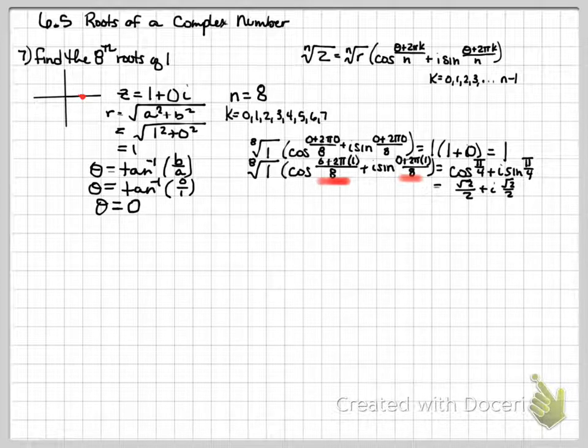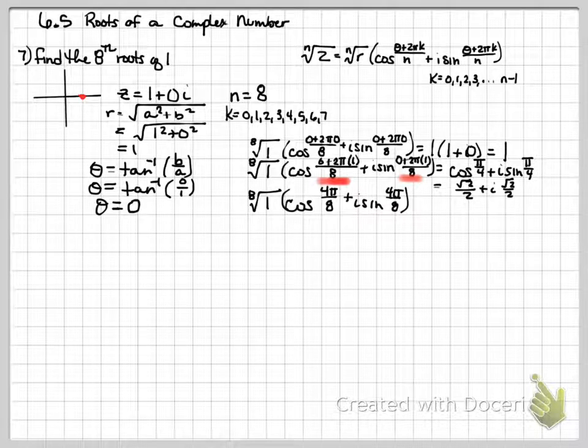Let's go on to the third. Eighth root of 1, cosine of 0 plus 2 pi times 2. So 2 pi times 2 is 4 pi over 8, plus I sine of 4 pi over 8.